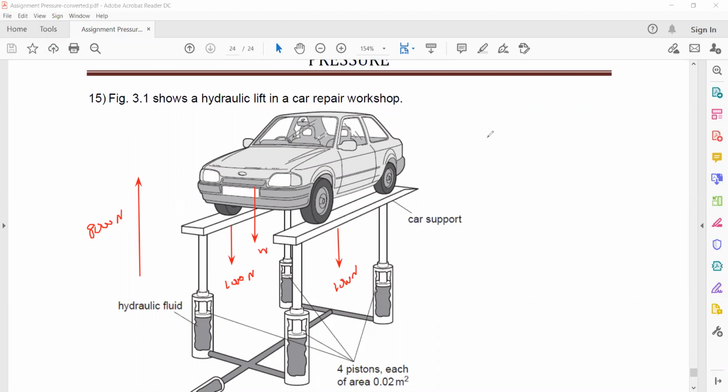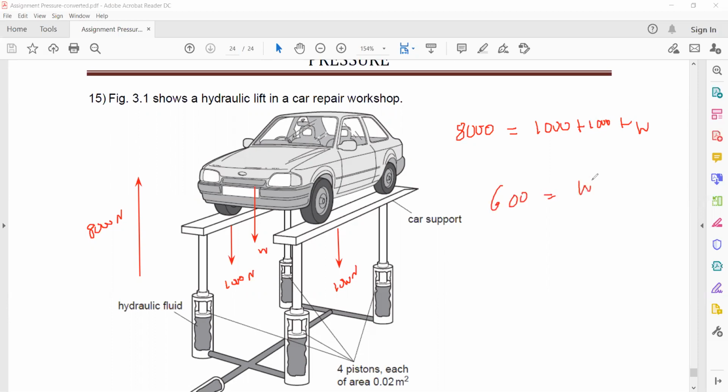So upward force equals downward force. The upward force is equal to 8000 and the downward force equals 1000 plus 1000 plus the weight of the car. When you solve, 1000 plus 1000 is 2000, and 8000 minus 2000 is equal to 6000.